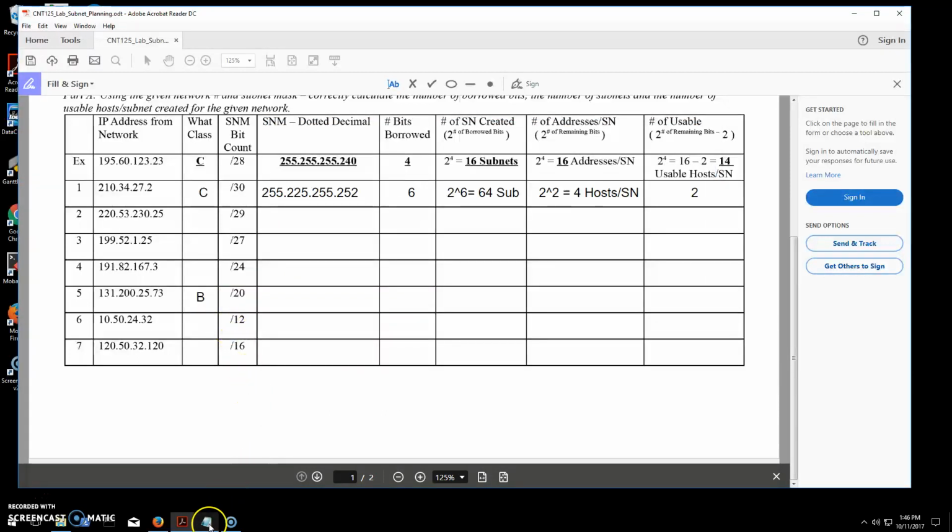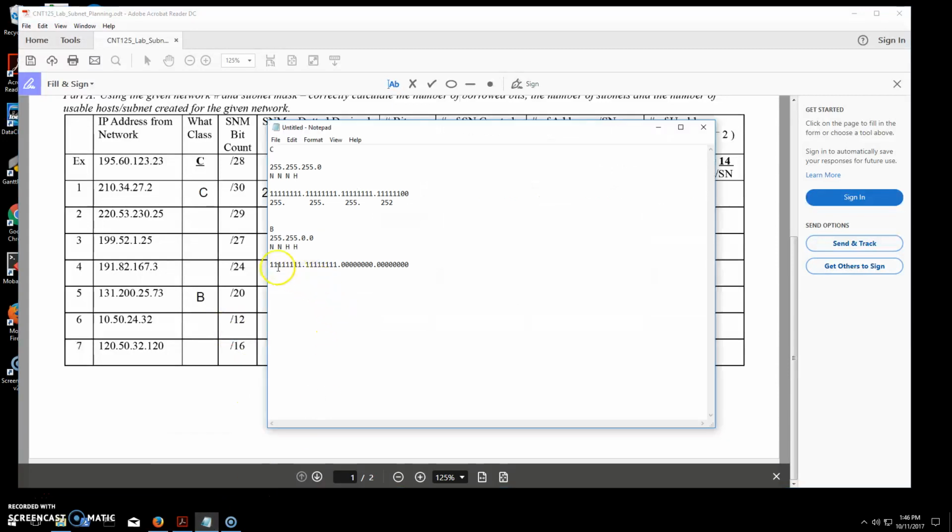So I need to figure out what the /20 is. So there's 16, 17, 18, 19, 20. And I now have, if I take a look, there's my 4 bits borrowed, and I now have 8, 9, 10, 11, 12 bits left.